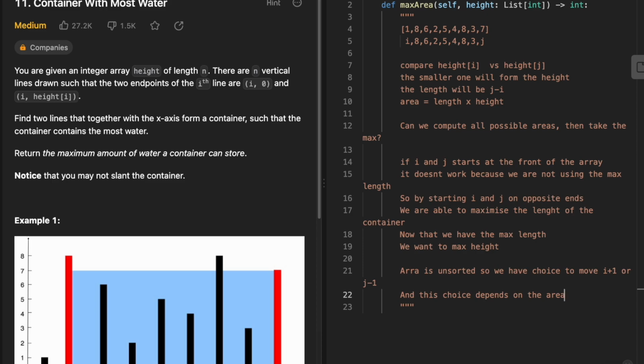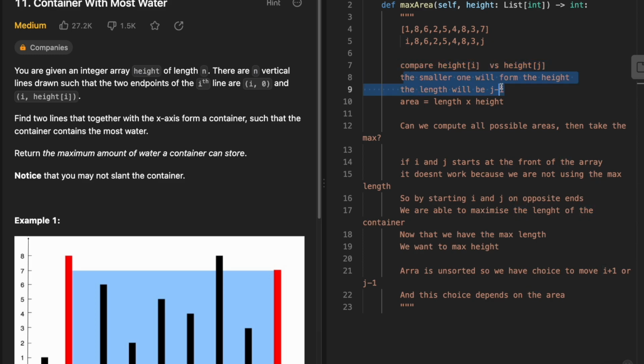So we must shrink this such that the area is maximized. Okay, so we're looking at this array, 1 8 6 2 5 4 8 3 7, and we want to increment i or decrement j. Let's formalize this portion.